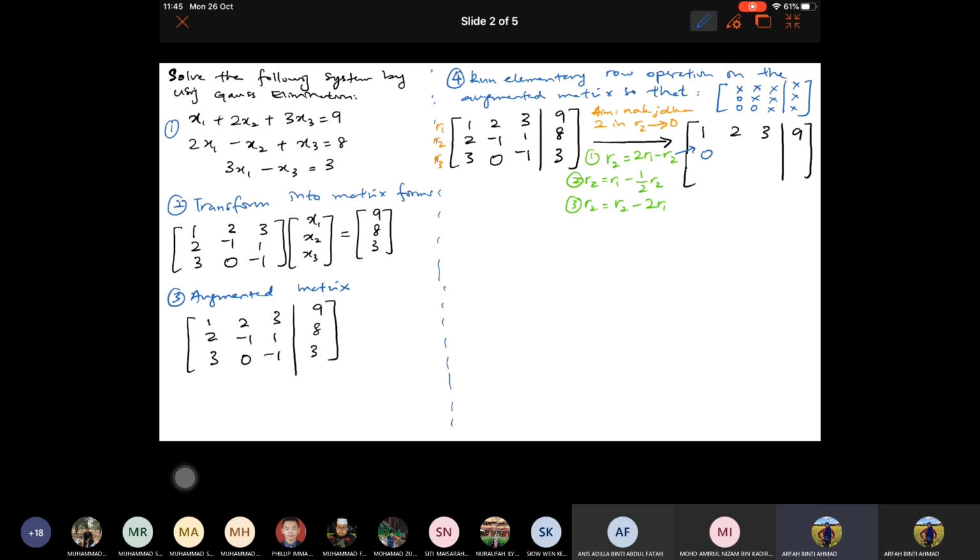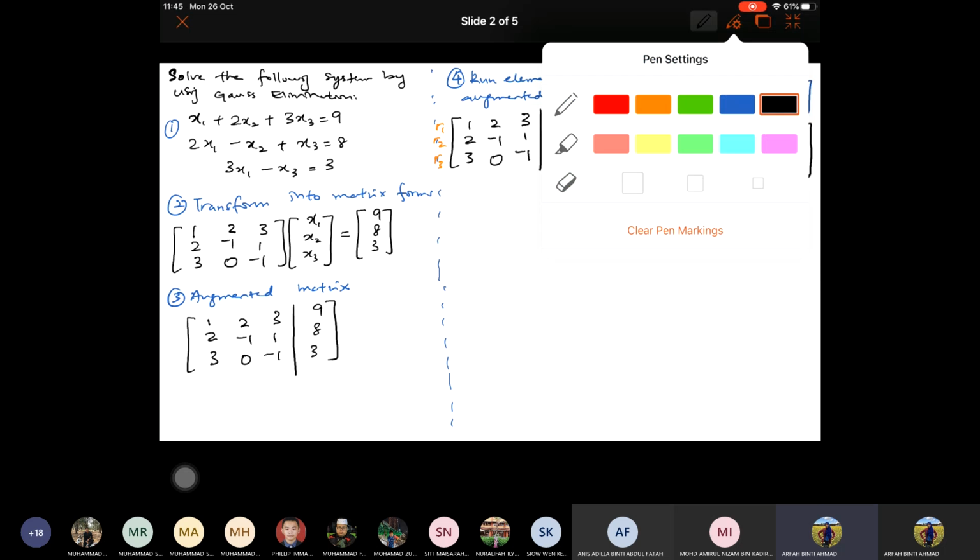Tolak negatif 1, jadi 5. Okay. 2 kali 3, 6 tolak 1, 5. 2 kali 9, 18. Tolak 8, jadi 10. Okay. 0, 5, 5, 10. And then row 3 tak berubah, saya copy je. Setakat ni row 3 tak berubah. So saya copy the elements. Okay. So settle untuk row 2.